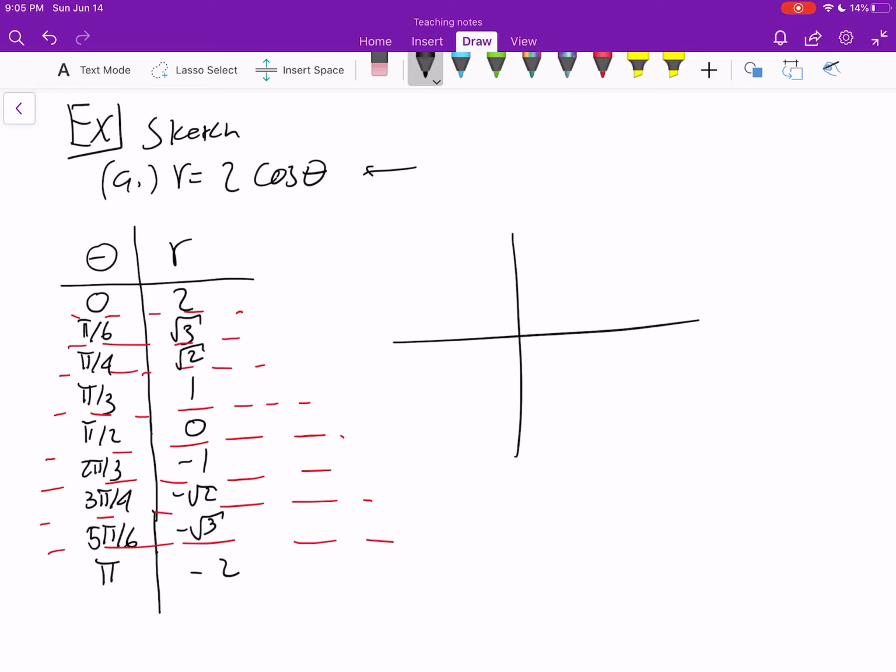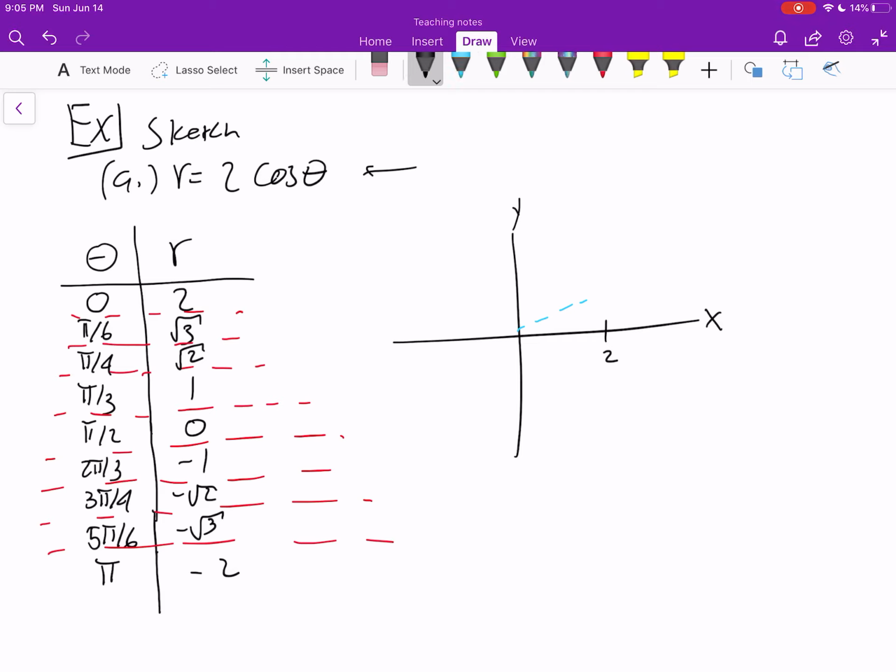Now what I can do is draw these with these angles. So at theta equals 0, which is the x-axis, I'm at the point 2. At pi over 6, I'm at the point square root of 3, which is less than 2, so maybe we'll call that here.